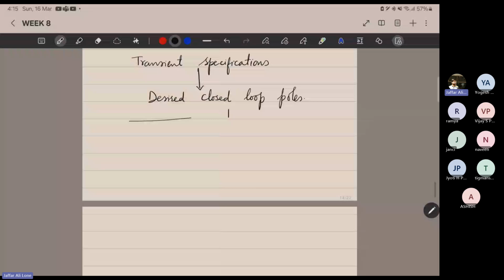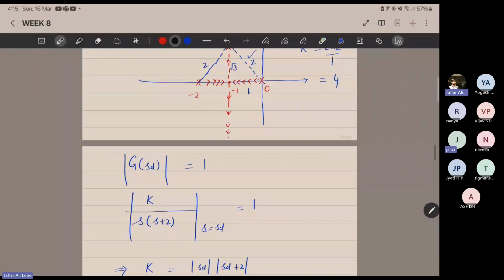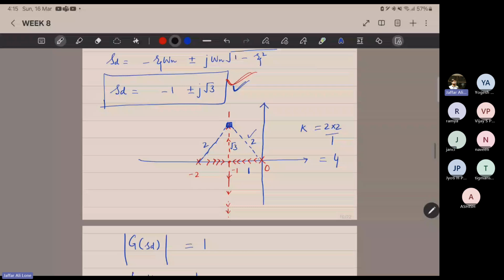What does it mean? I'll tell you. We did this question, so we saw this.